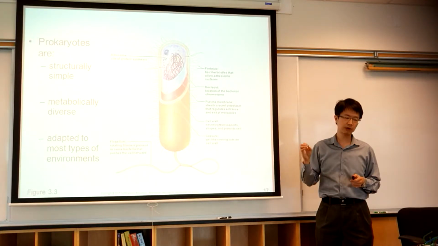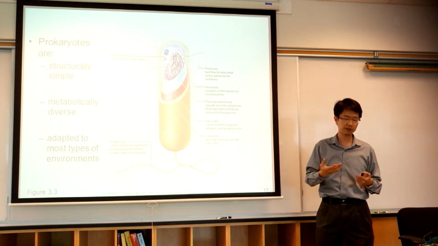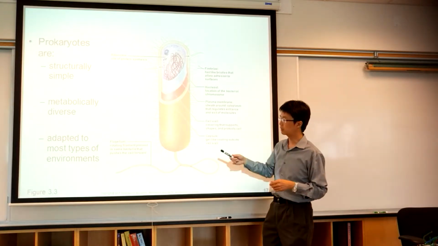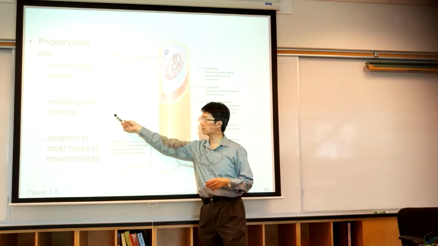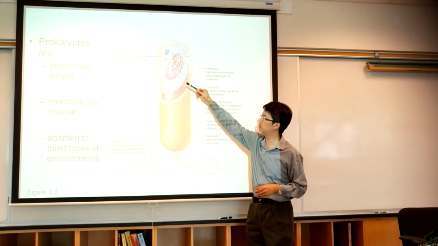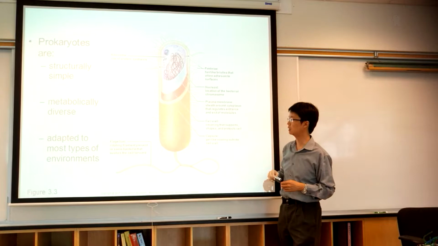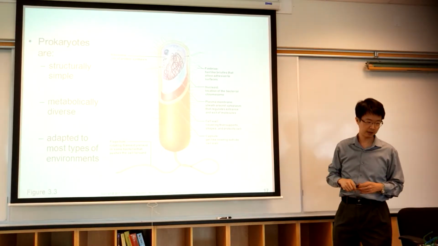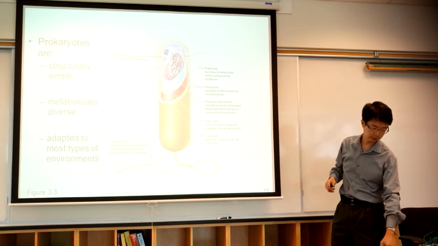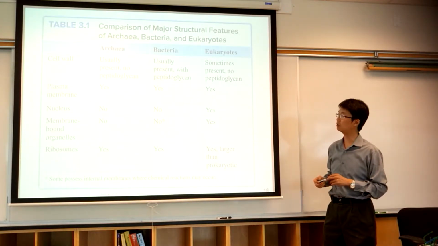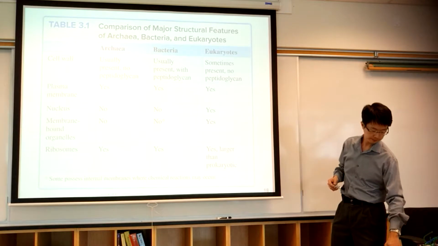It is also one of the reasons that they can develop resistance to different drugs. Not only are they metabolically diverse, but they also have three layers protecting them. I told you the capsule can resist a lot of harmful substances. So this is just a summary table of what we just talked about.